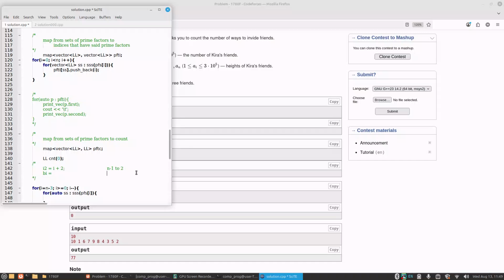You want this to be 1 to n minus 2, so I think this works, because then let me just work it out on paper. N minus 3 equals n minus n plus 3 minus 2, yeah.